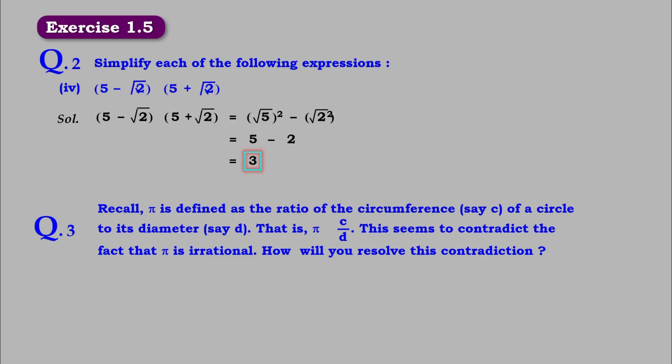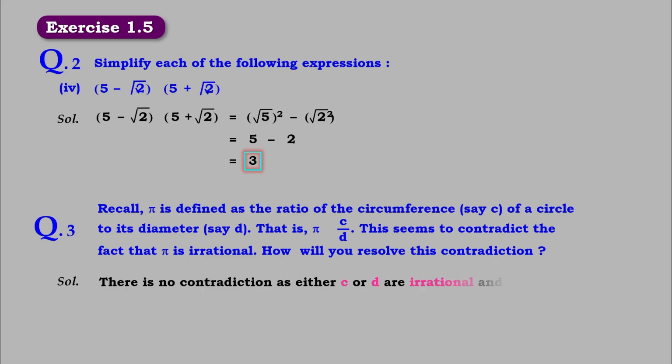So in turn we can say that pi equal to c by d. But c is a number, and that's why it looks like it is in the p by q form. So it seems to contradict that pi is irrational. So how are we going to solve this contradiction?